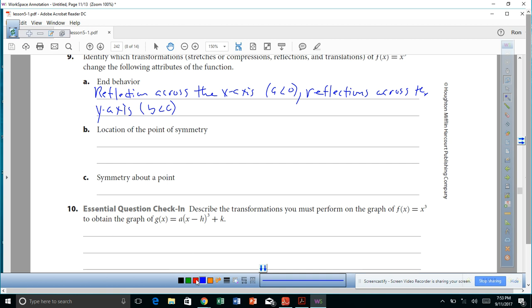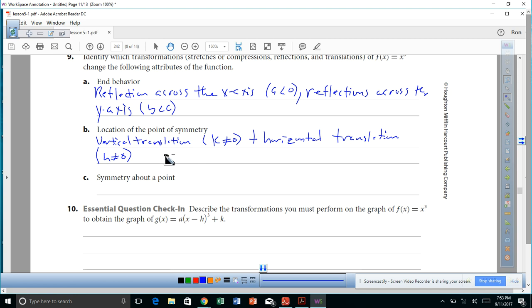Location of the point of symmetry, what changes that? Vertical translations, and that's where k is not equal to 0, and horizontal translations, and that's where h is not equal to 0.